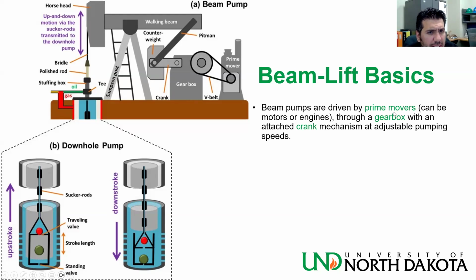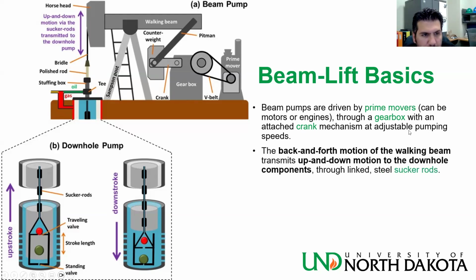Beam pumps are driven by prime movers, which can be motors or engines, through a gearbox with an attached crank mechanism at adjustable pumping speeds. The back and forth motion of the working beam transmits up and down motion to the downhole components through linked steel cycle rods.